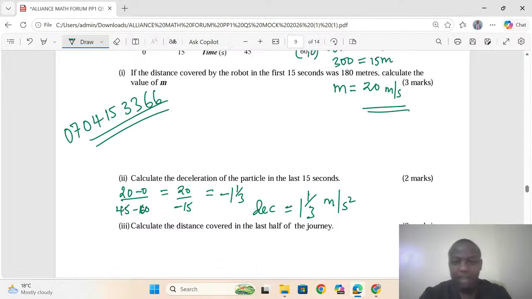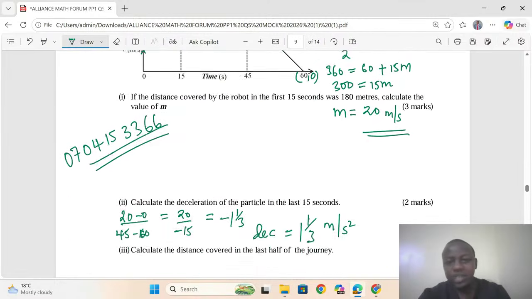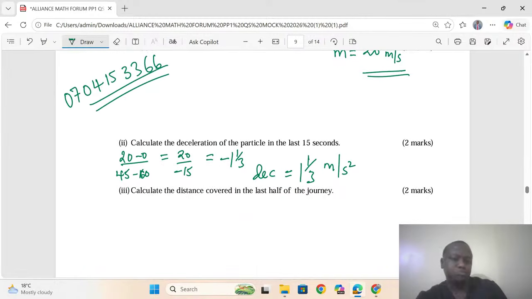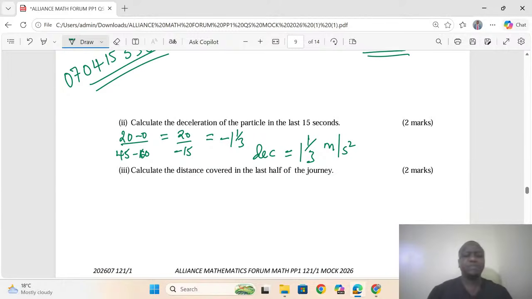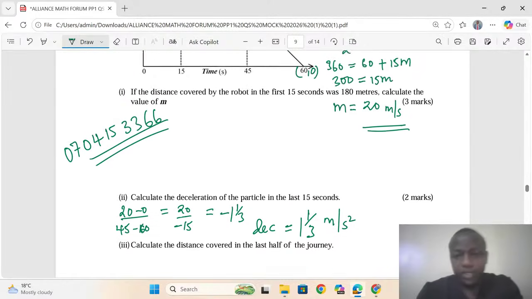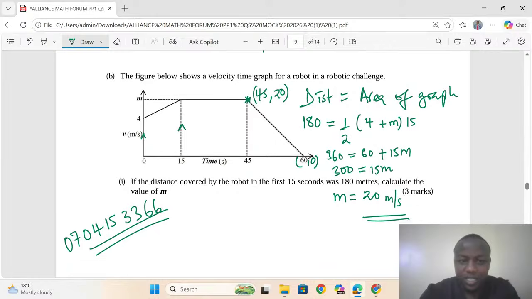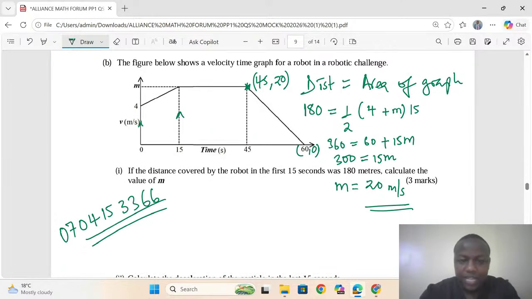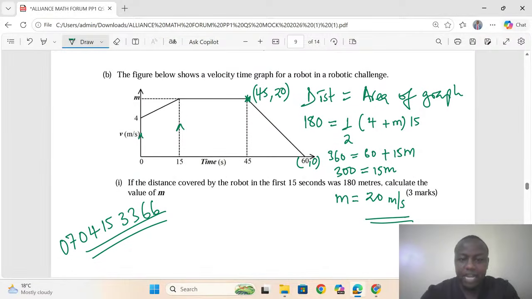When you talk about half, half can be in terms of time or in terms of distance. So for the distance covered in the last half of the journey, half of the journey means we can consider the total distance covered divided by 2.